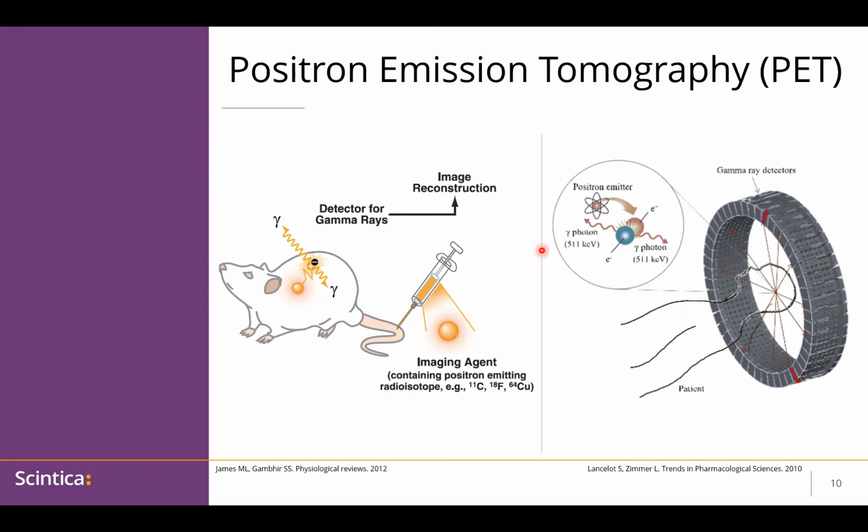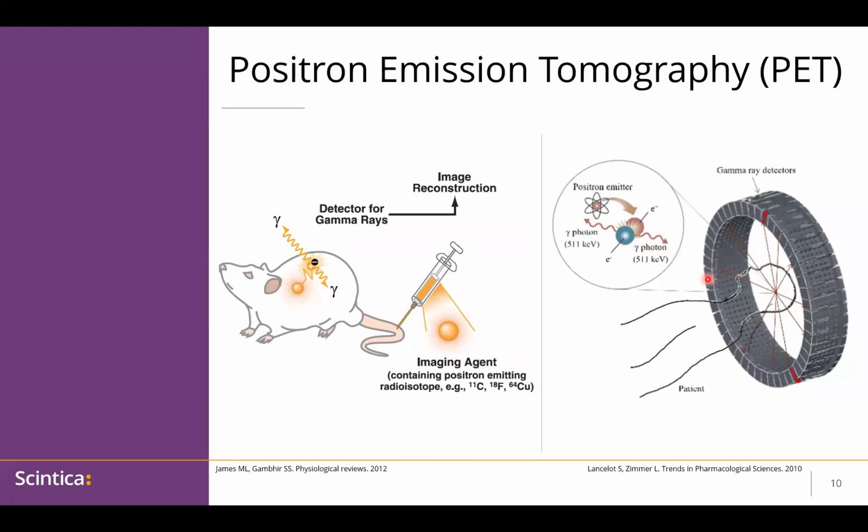So as we have our radioisotope, it's going to decay and emit a positron. As that positron travels through the tissue, it's going to interact with the tissue itself and cause an annihilation event. And in doing so, it's going to emit 2 gamma photons of equal energy moving in exactly opposite directions.